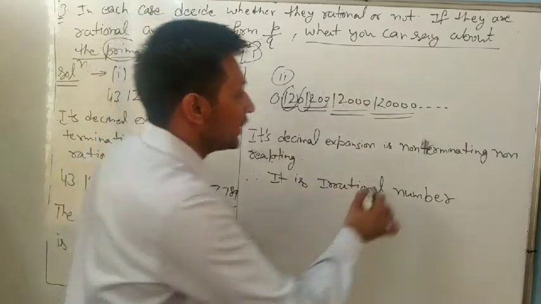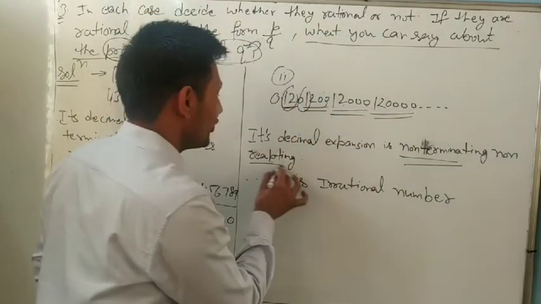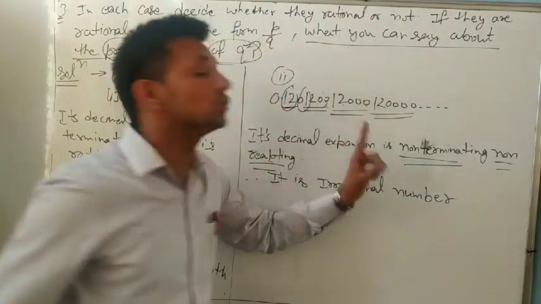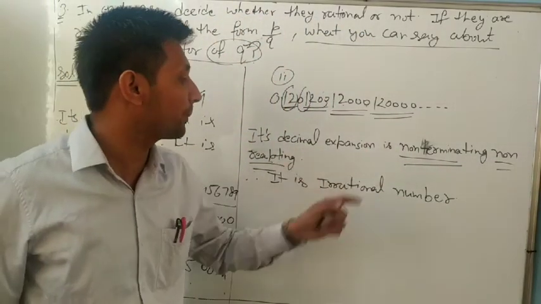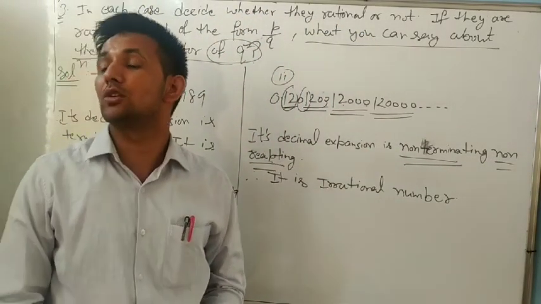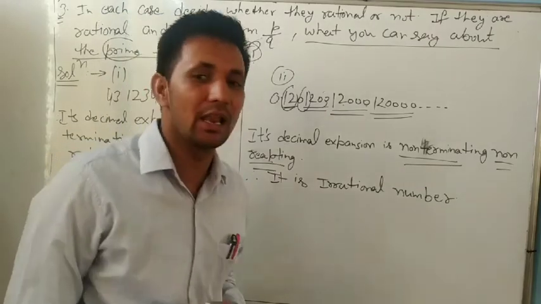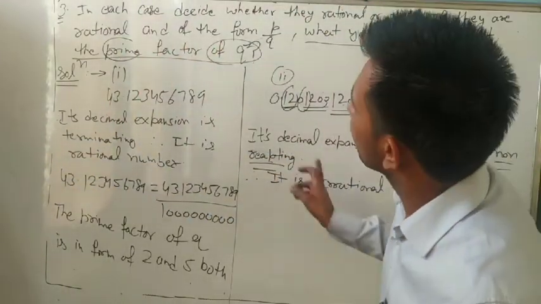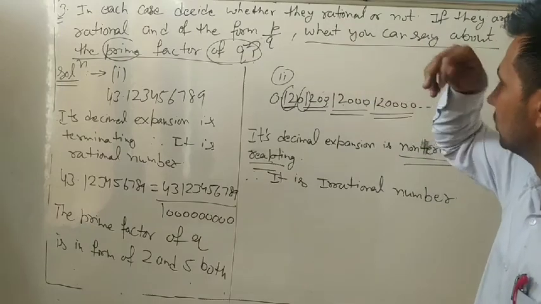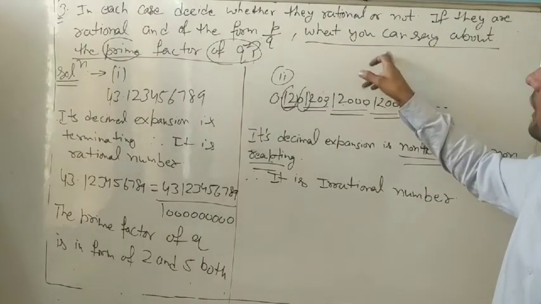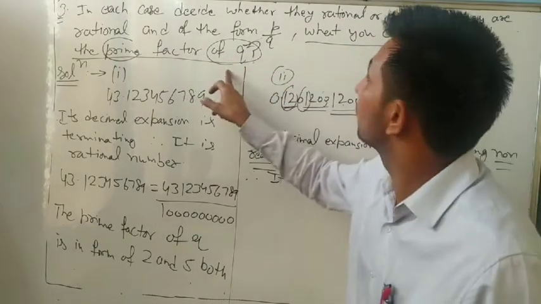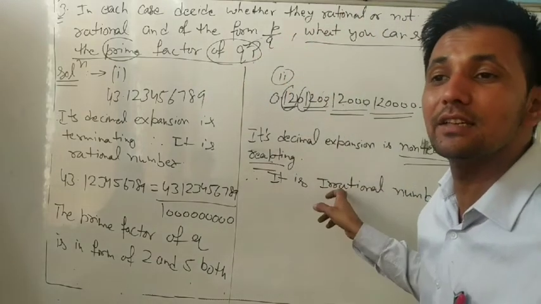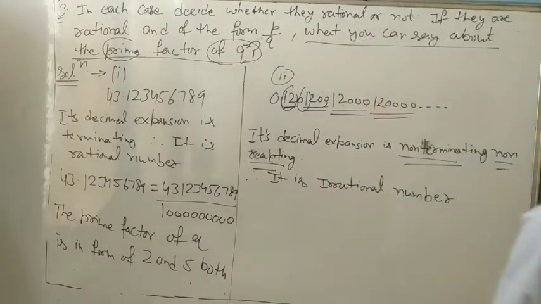So it is non-terminating and non-repeating, and a number that is non-terminating and non-repeating is called irrational. So therefore it is an irrational number. In question number 3, we have to decide the prime factor of q only if it is rational, but this is irrational, so no need. Now the last part, the third part.